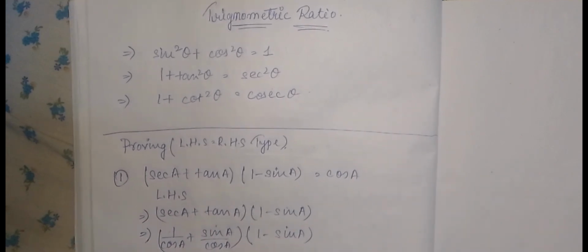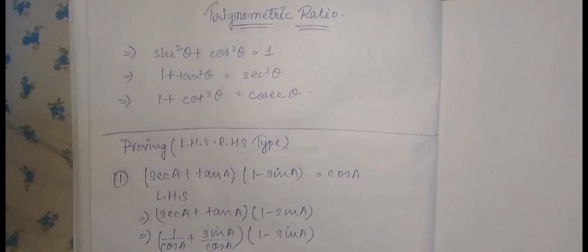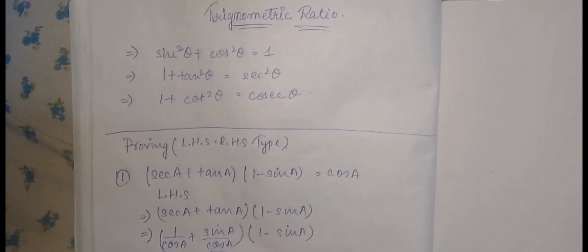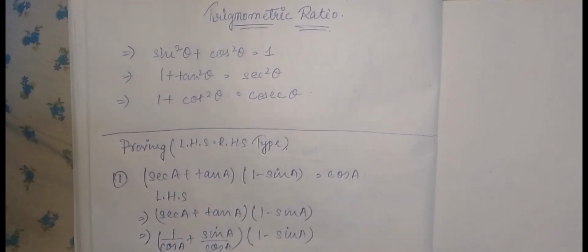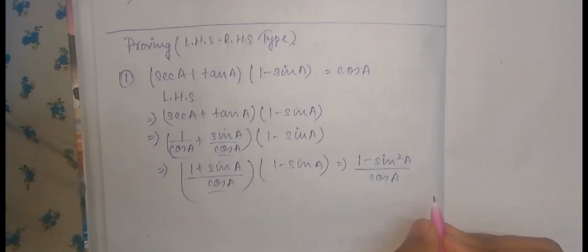So we are getting (1 plus sin A) divided by cos A, multiplied with (1 minus sin A). This will result in (1 minus sin square A) divided by cos A.